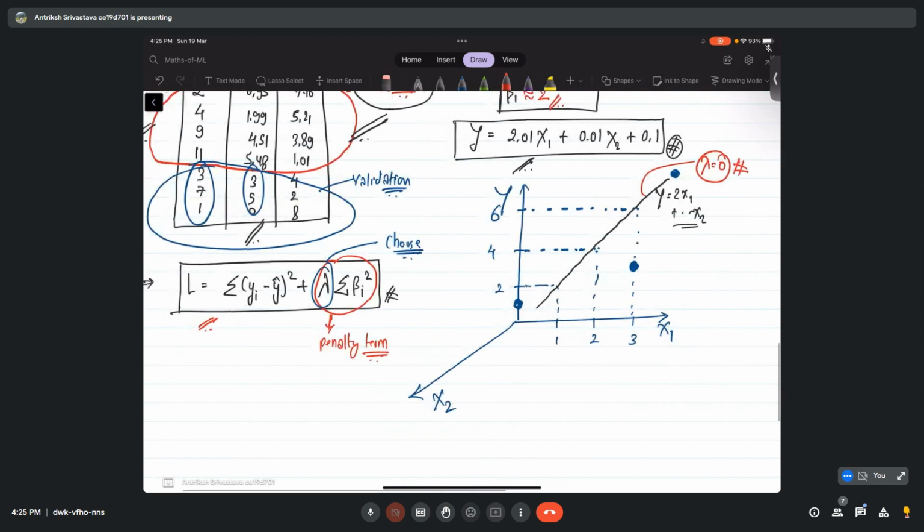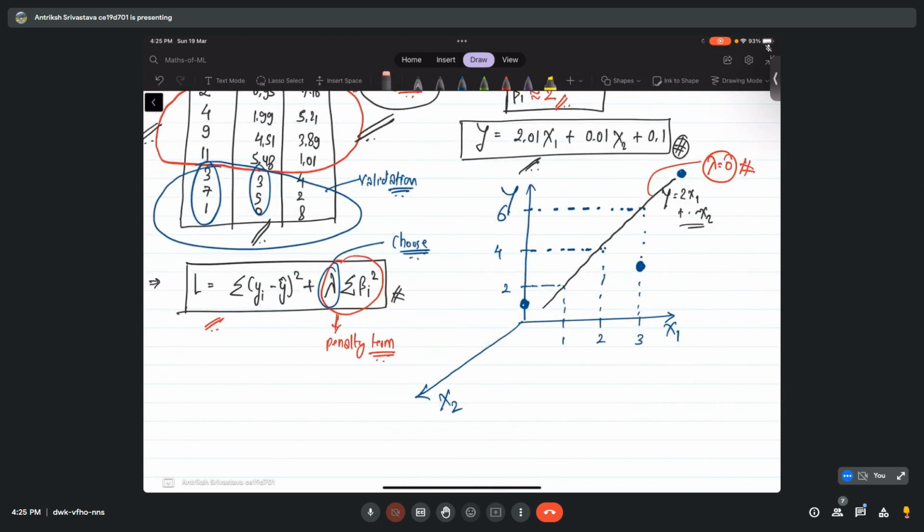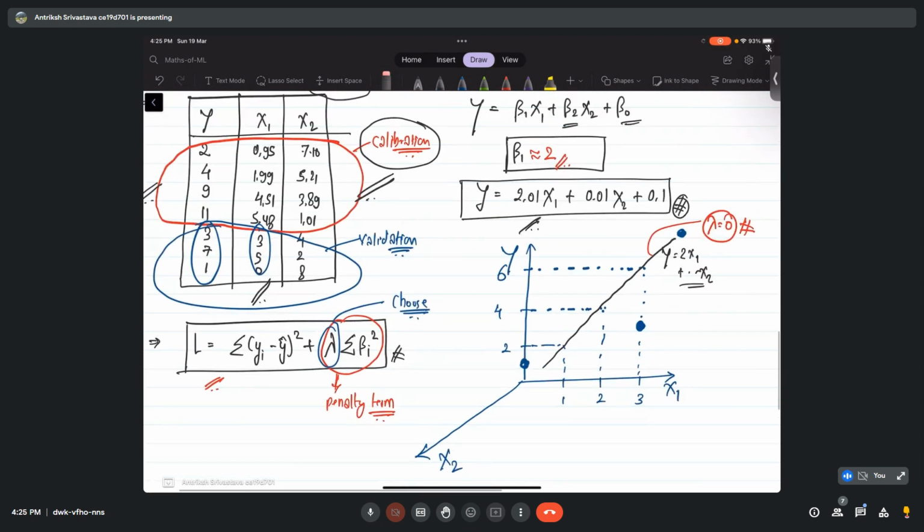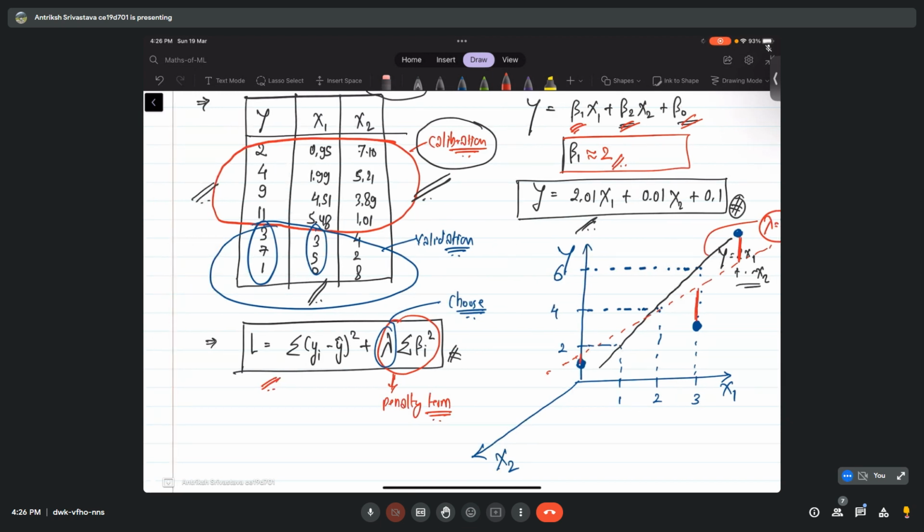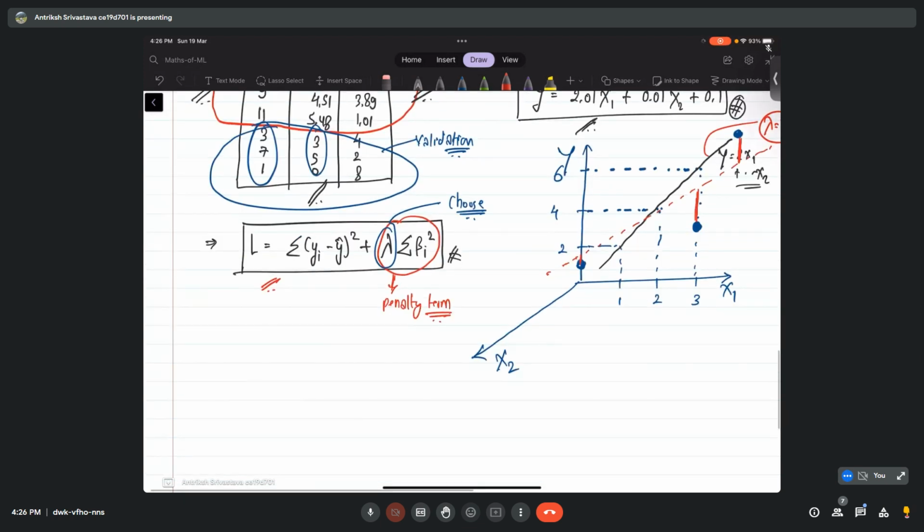So when you do that, graphically speaking, it tends to change the value of beta 1, beta 2 and beta naught, and in doing so it changes the slope of the line and aligns it in such a way that the sum of square of the error in the calibration also is less. It doesn't know about the calibration data, but it ends up happening that the overall accuracy is increased by the decrease in the error in the calibration data set.